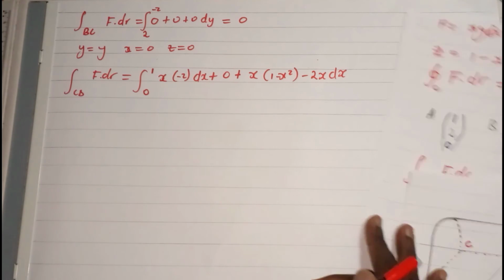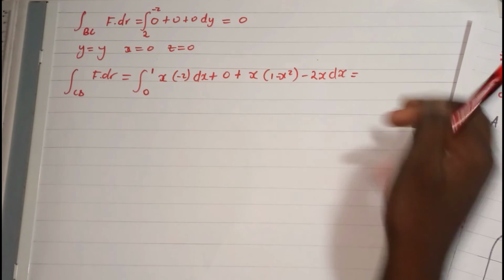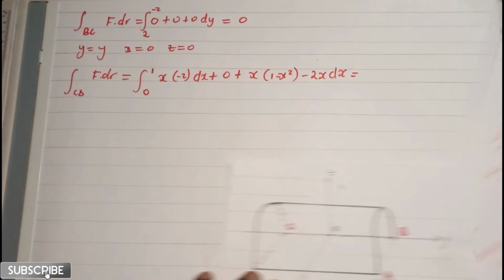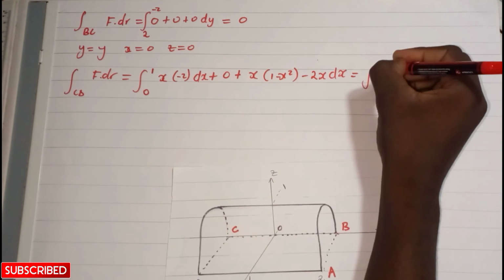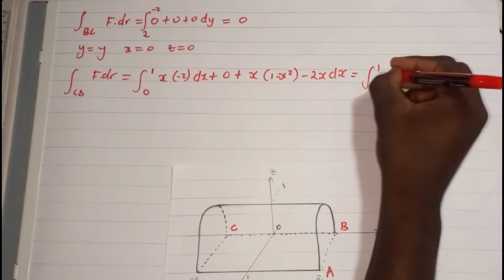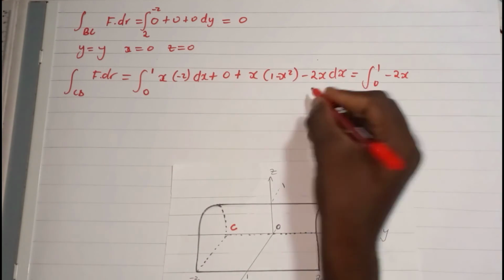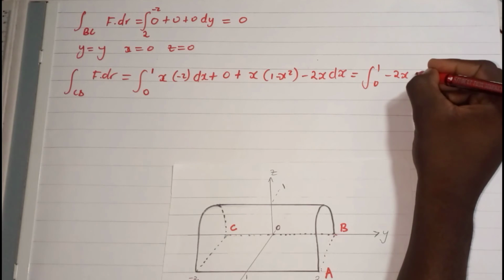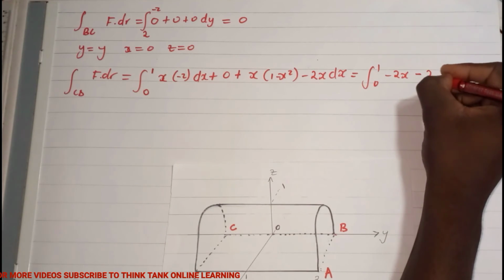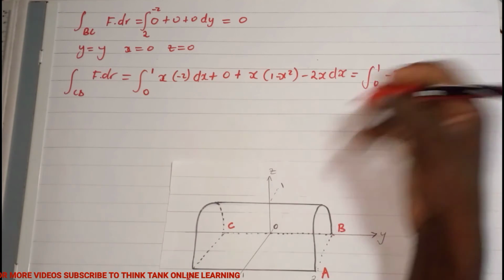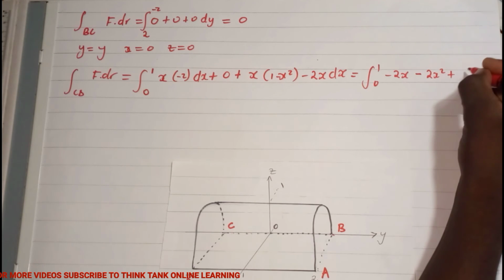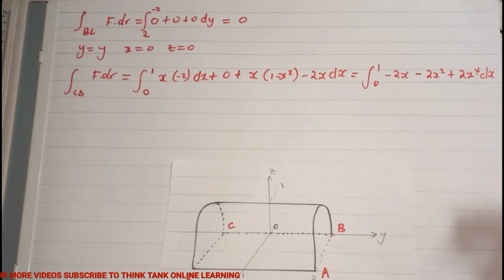If we integrate here, let's simplify it first: -2x minus 2x squared plus 2x to the power 4 dx.